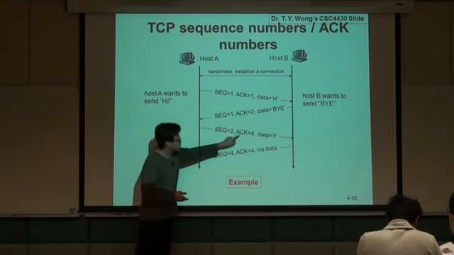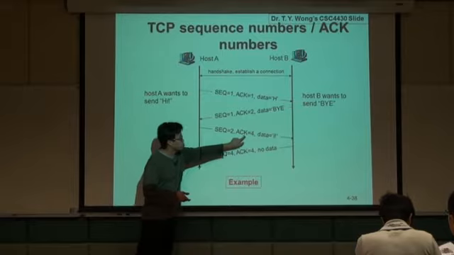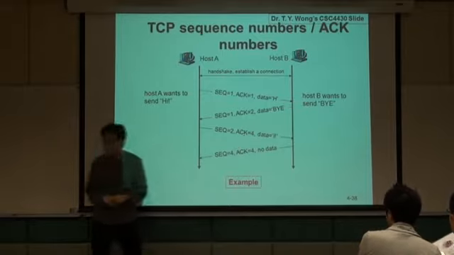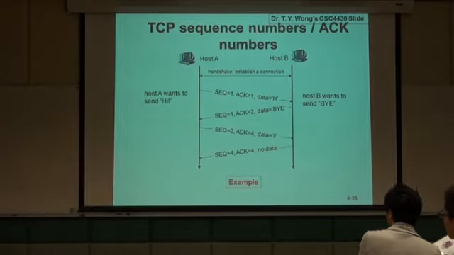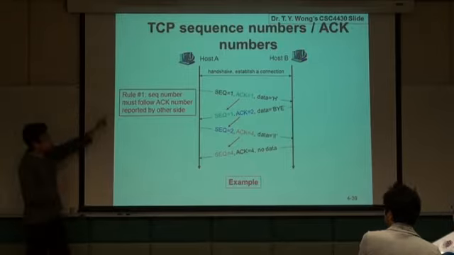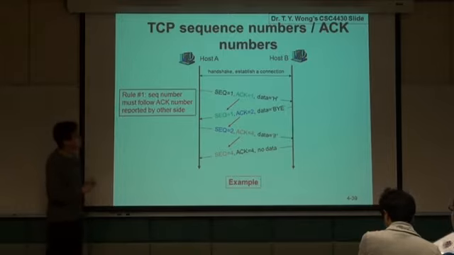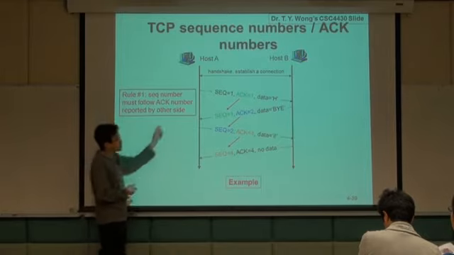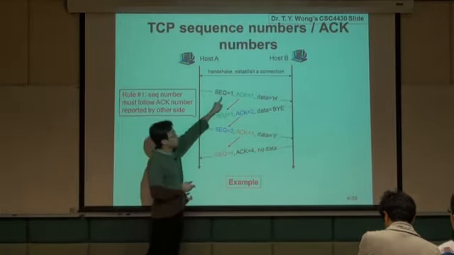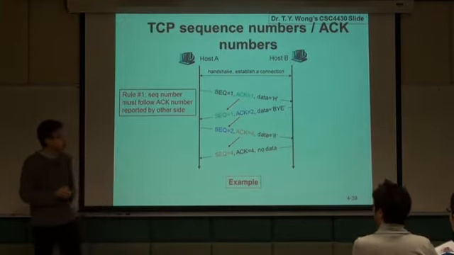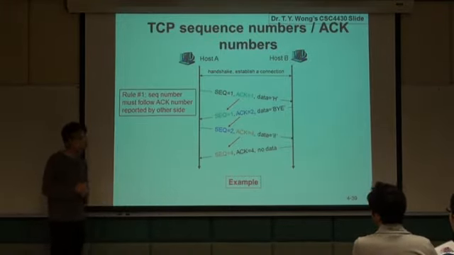And remember that right now this acknowledgement number will be equal to 4. What that means is I expect the next sequence number to be 4. Now precisely, how do I set this value? The first rule is that the sequence number will follow exactly the acknowledgement number reported by the other side. For example, the acknowledgement number 1 in here means that when you send something to me, I expect you to send me sequence number 1.